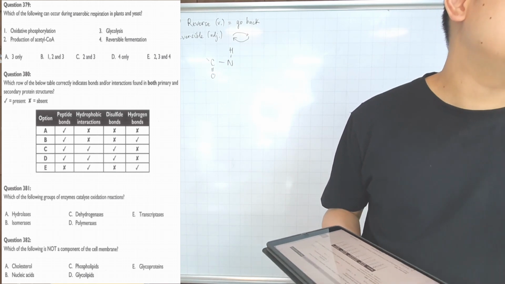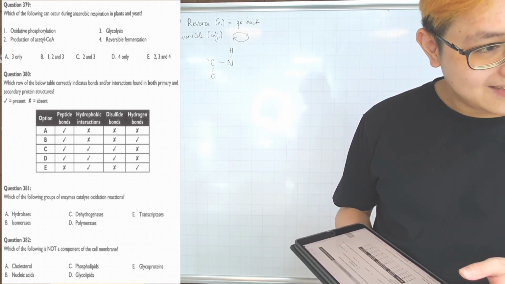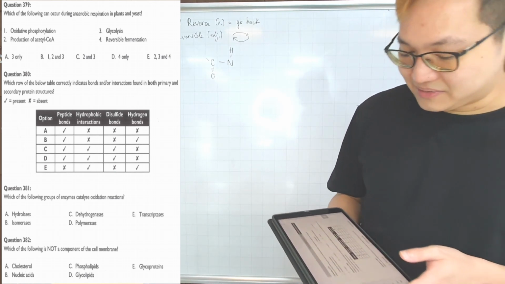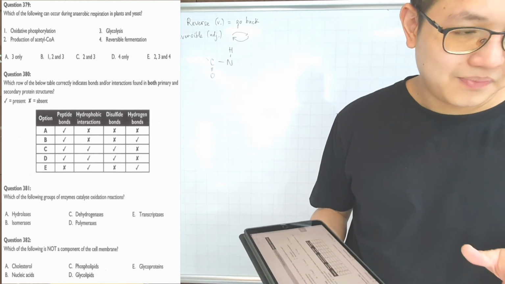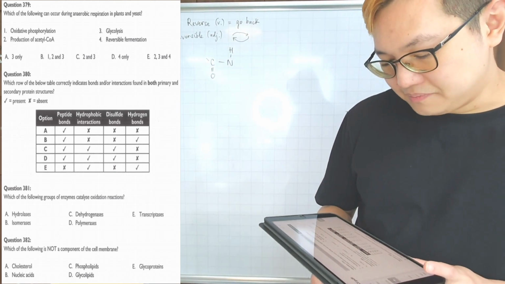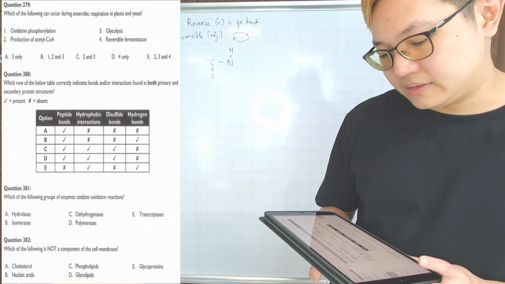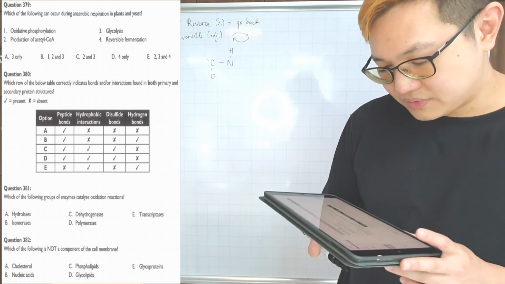Only secondary structure has hydrogen bonds, that's for sure. But you don't know exactly if primary structure has that as well, right? No, you don't know. So what's your final answer?